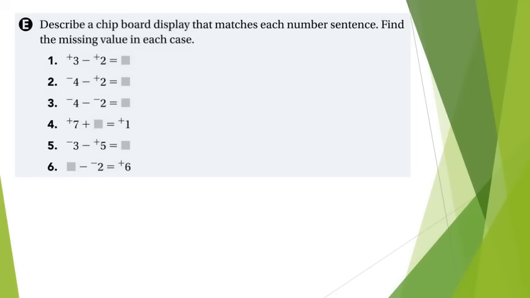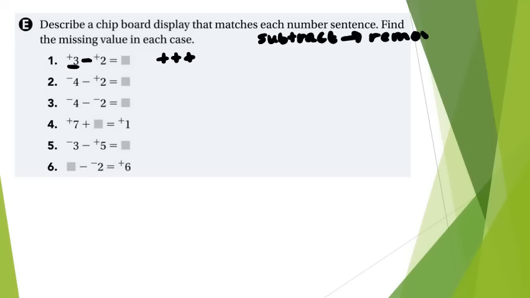Another type of problem you're going to see is E. Describe a chipboard display that matches each number sentence. Find the missing value in each case. So for example, on number 1, I have 3 positives as my starting value. And I have a subtraction sign here, which subtract is just going to mean to remove chips.